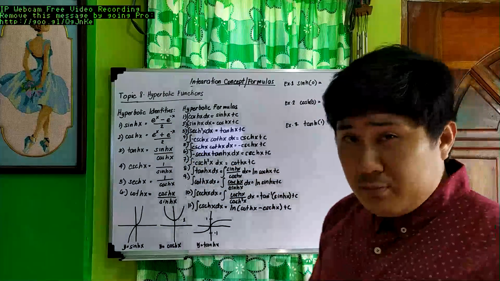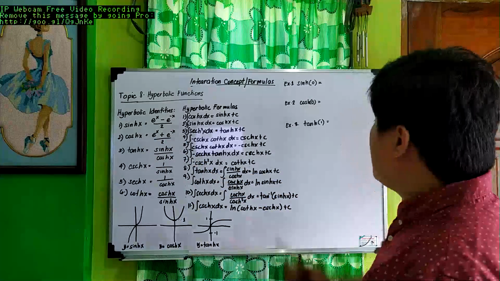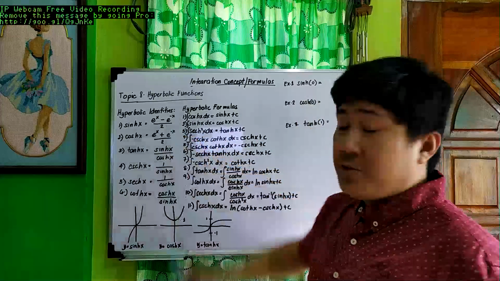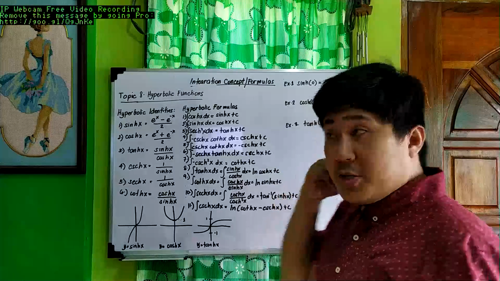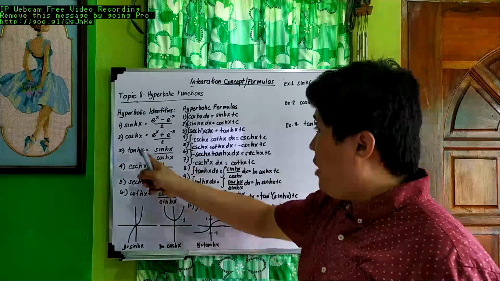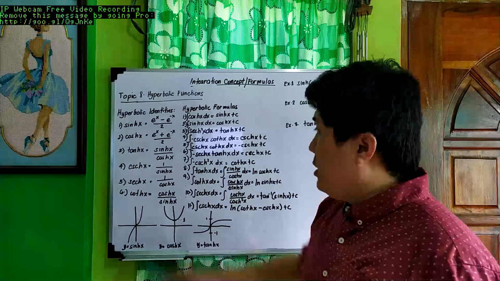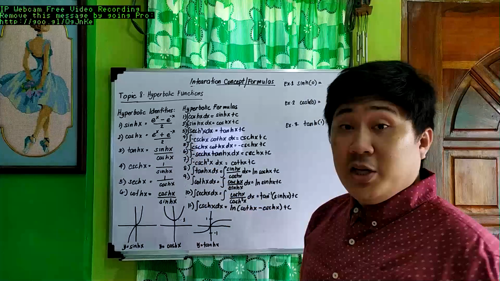So let's try these identities. Sine hyperbolic 0, we'll try to substitute it here so that we will know what will be the equivalent. Because there are times that when we have a hard time integrating multiple hyperbolic, it is easier for us to solve if we use the exponential.